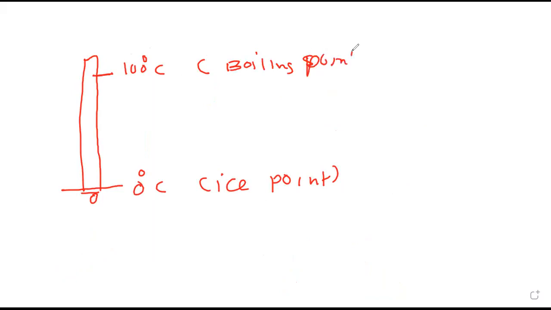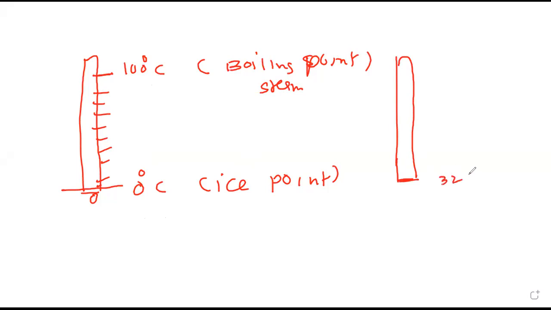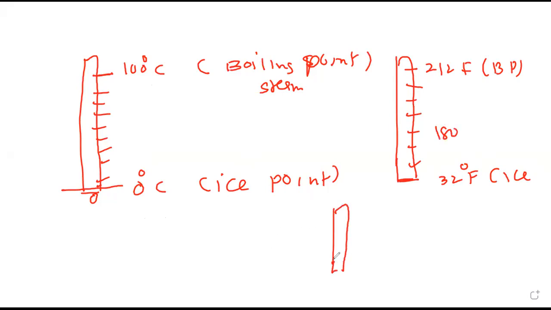In total there are 100 divisions. On the Fahrenheit scale, 32 Fahrenheit is the ice point and 212 Fahrenheit is the boiling point, with a total of 180 divisions. On the Kelvin scale, it starts with 0 Kelvin up to 100, again 100 divisions. This 0 is called absolute zero.